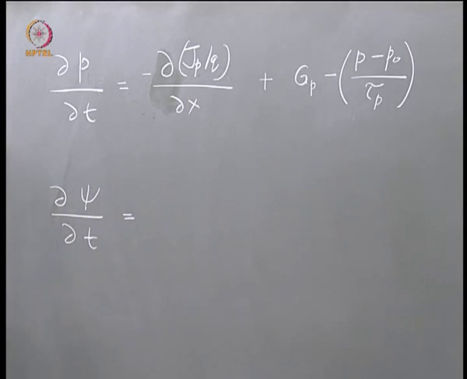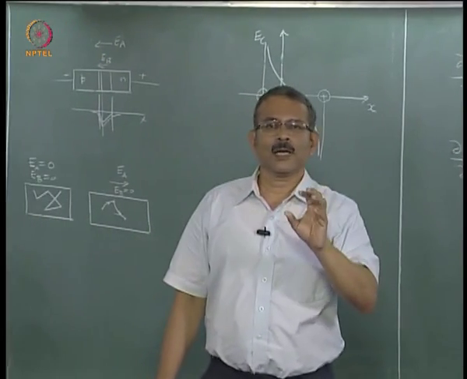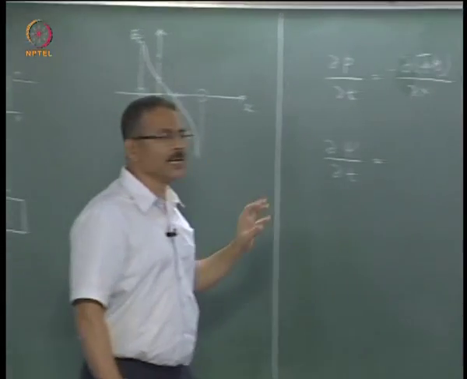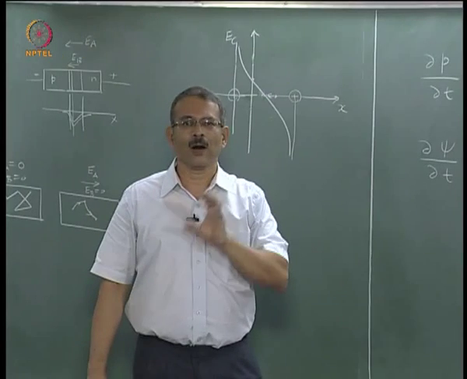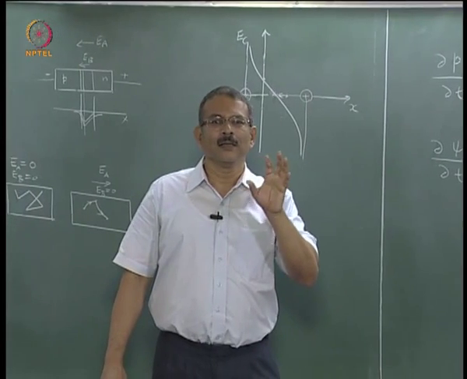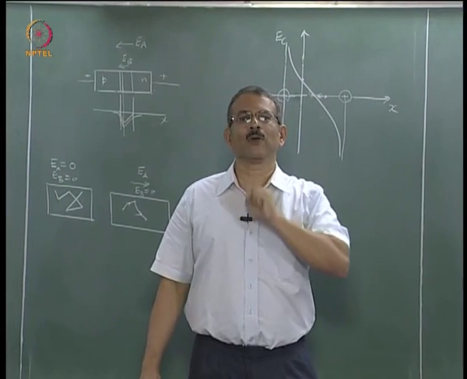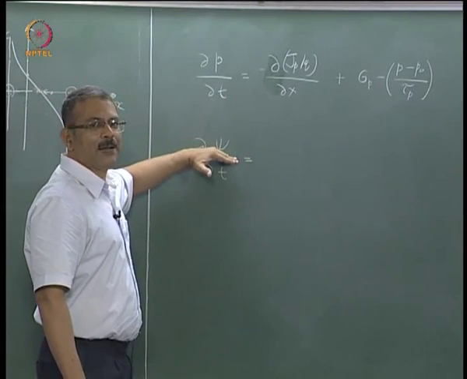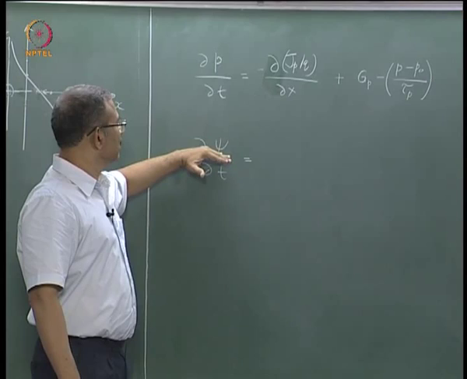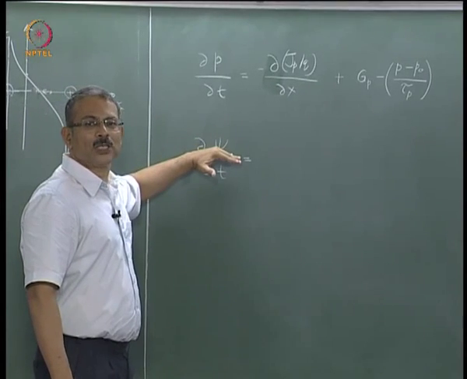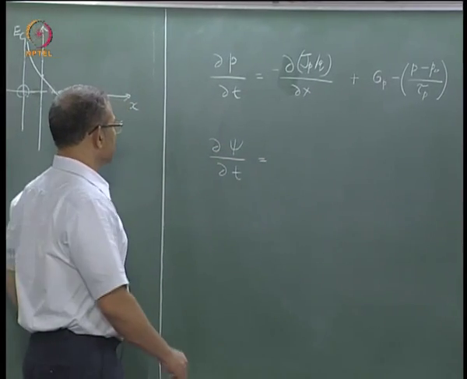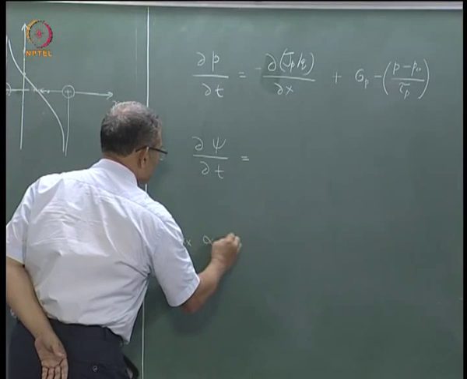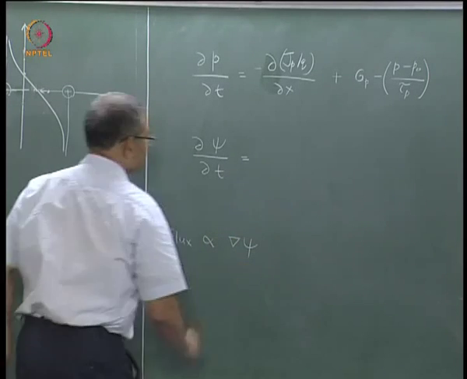Now you recall in the previous lecture we had said the flux of a quantity can be put in two forms. One is the product of the quantity into the velocity, or the other form is that the flux is proportional to the gradient of the quantity. Now it turns out in the context of the wave function psi, the flux of probability depends on the probability gradient. So the flux of probability is proportional to the gradient of psi.